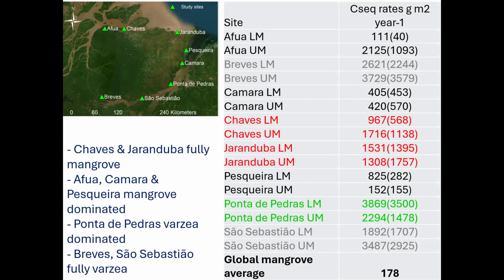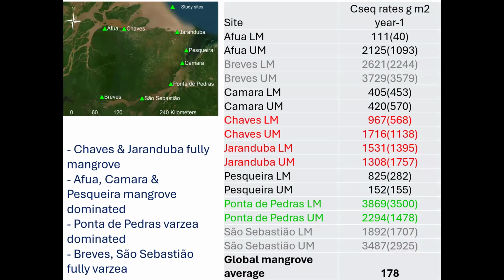But if you have a look at that, you can also see that from a global mangrove average between those two studies that I mentioned previously, pretty much all of those sites have much higher than the global average rates of carbon sequestration, particularly those that are in that Várzea dominated or fully Várzea type ecosystem.